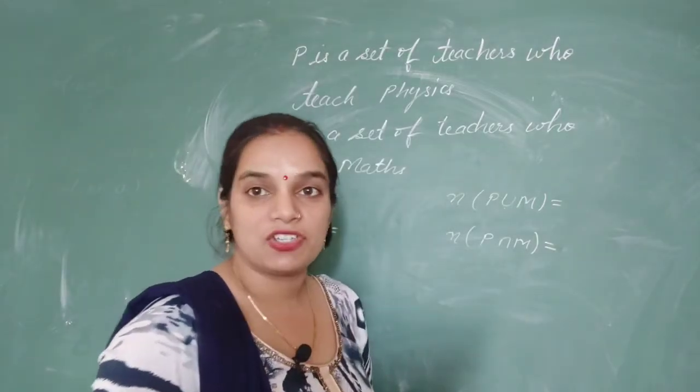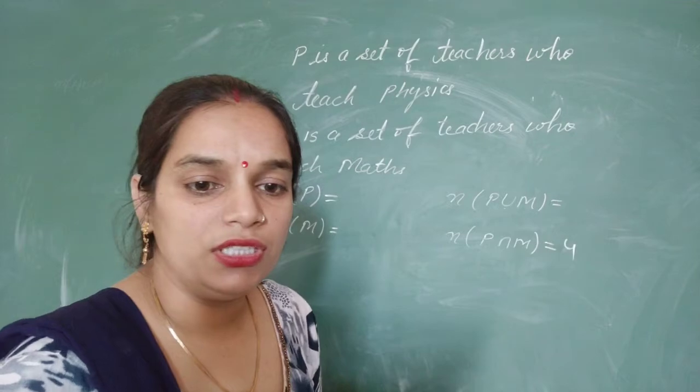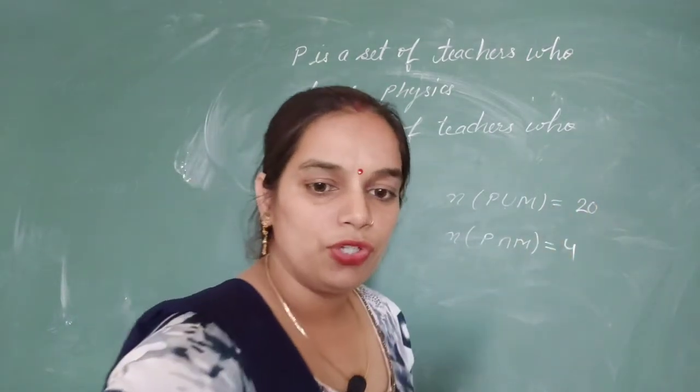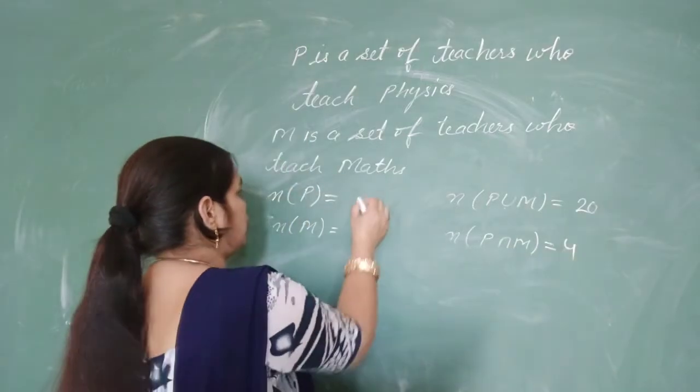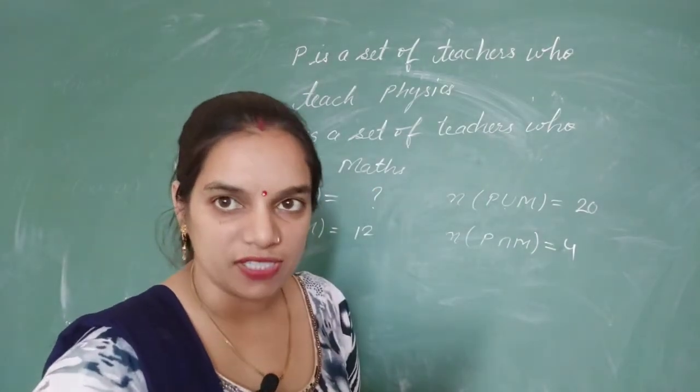So in the intersection there are 4 teachers, in the union there are 20 teachers, and who teach maths there are 12 teachers, and we have to find the number of teachers who teach physics.